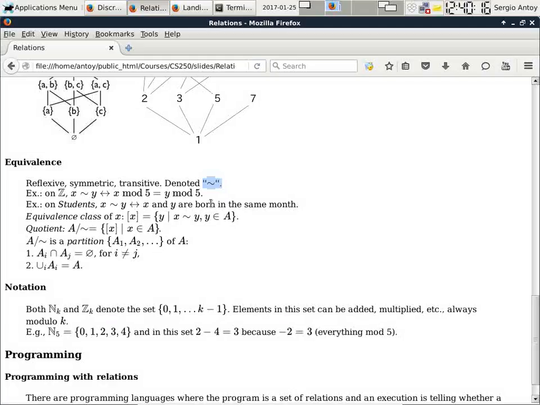What are the equivalence classes? What is the equivalence class of him? Well, the ones with the dark hair, right? And so we can partition. You remember what a partition is? We can partition the students in this class according to the color of the hair.